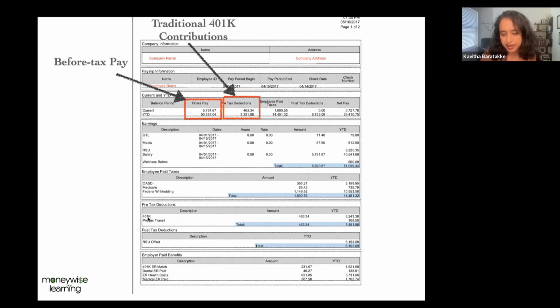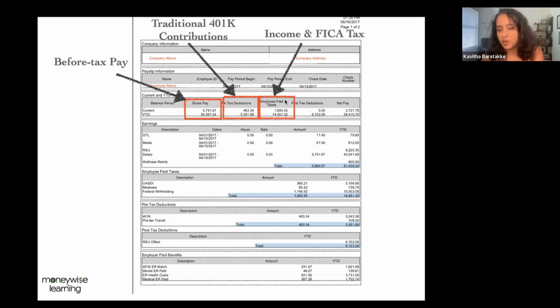You paid it towards your retirement, which is 401k, and then pre-tax transit. So let's say you take a bus, your employer deducts the bus charges or your transportation charges. Those are pre-tax as well. So this is transit for going to your employer. It totals to 463 in this case, and then year to date it's 108.50. So in this case, it only reflects your 401k deduction.